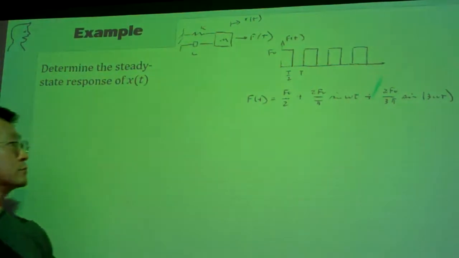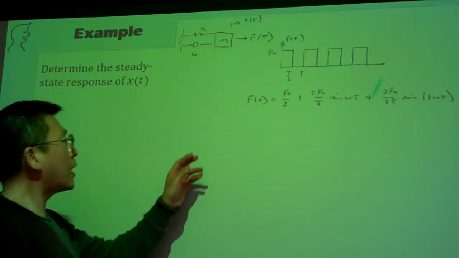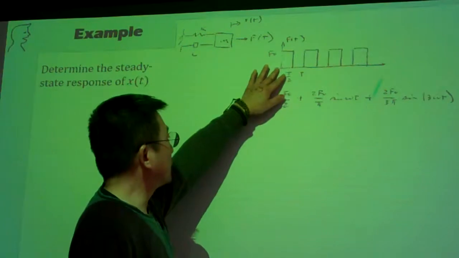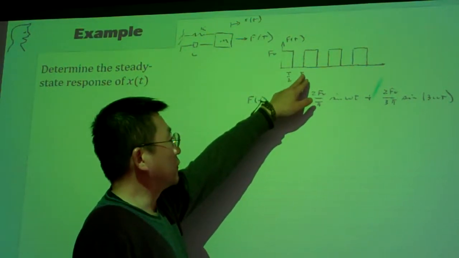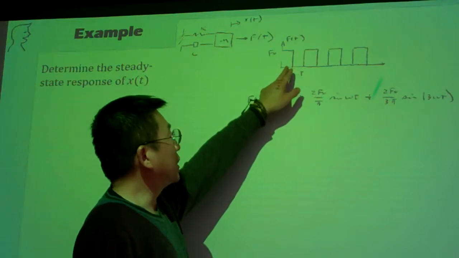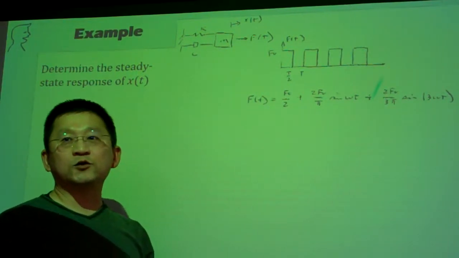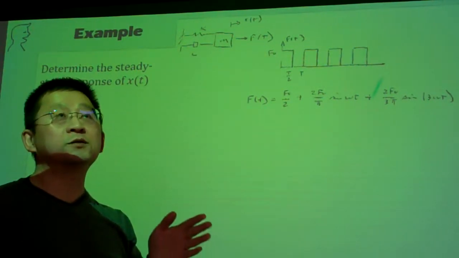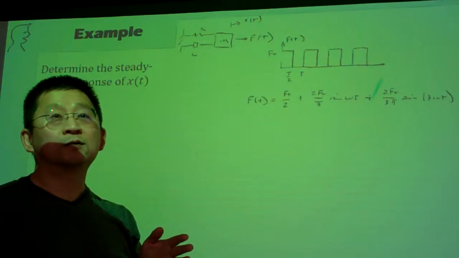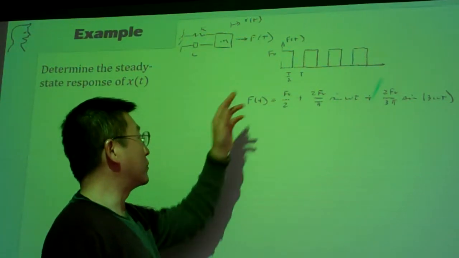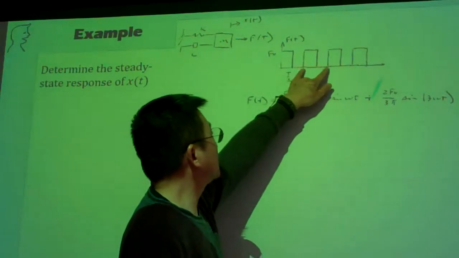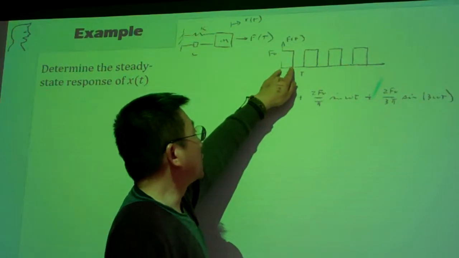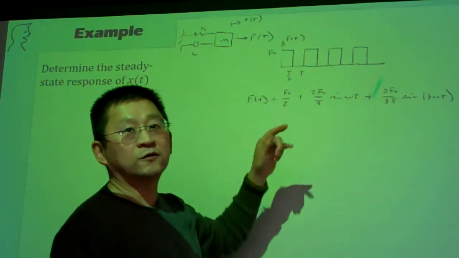Okay, given this, here I already do the expression. We are given this pulse function. The pulse function has a period of time T. Basically this is what we call a 50% duty cycle PWM pulse, pulse width modulation. So this is one period, second period, third period, and the pulse is on for only half of the period, so we call it 50%.